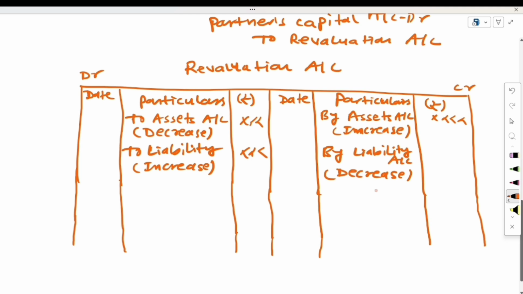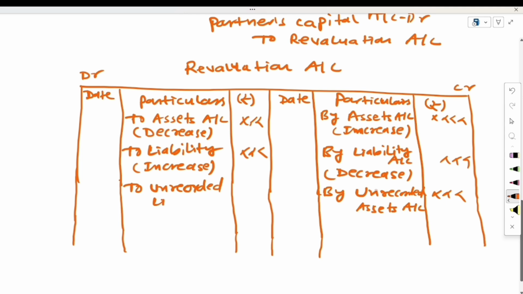If there is any unrecorded asset, you will record it here by unrecorded assets account with the amount. If there is any unrecorded liability, you will write here to unrecorded liability with the amount.